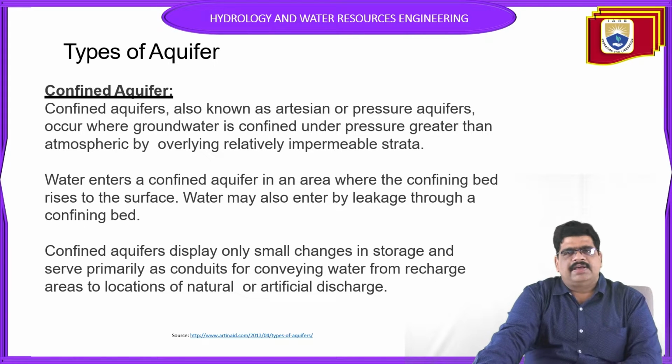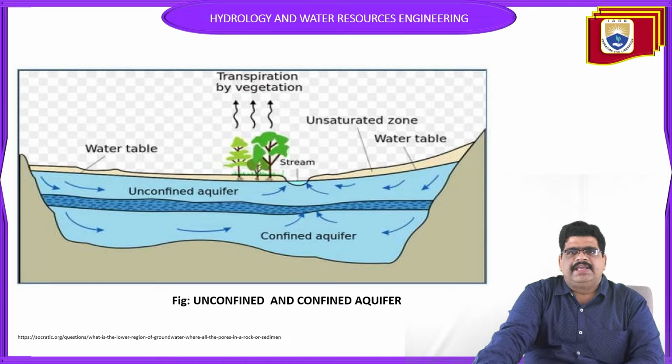Confined aquifers display only small changes in storage and serve primarily as conduits for conveying water from recharge areas to the location of natural or artificial recharge. Here we see confined and unconfined aquifers.